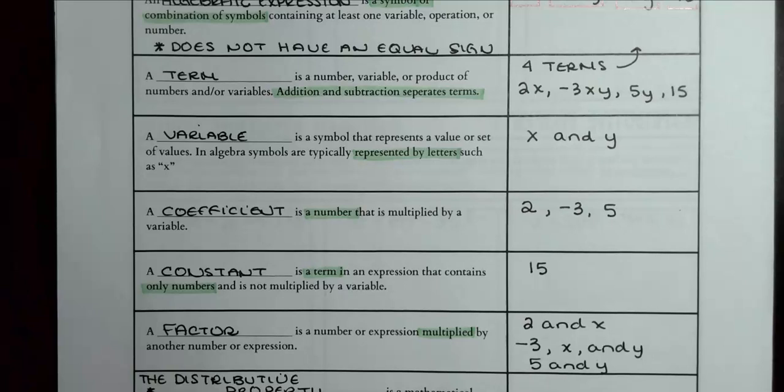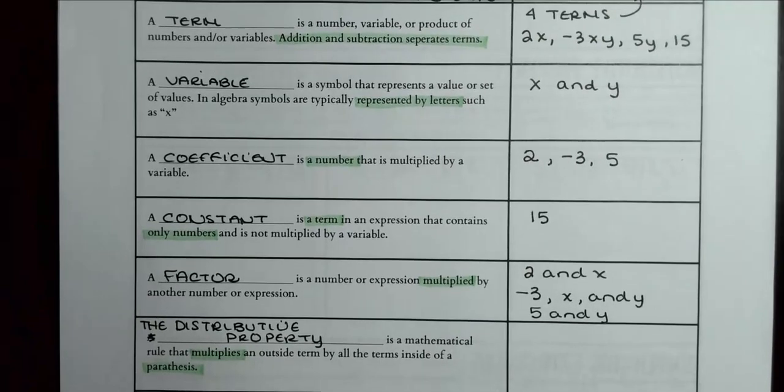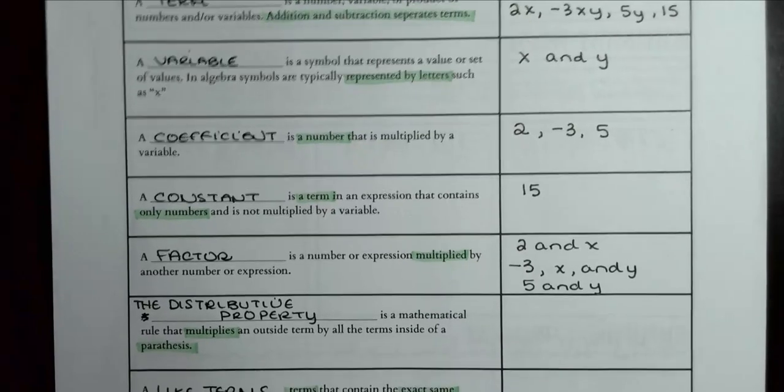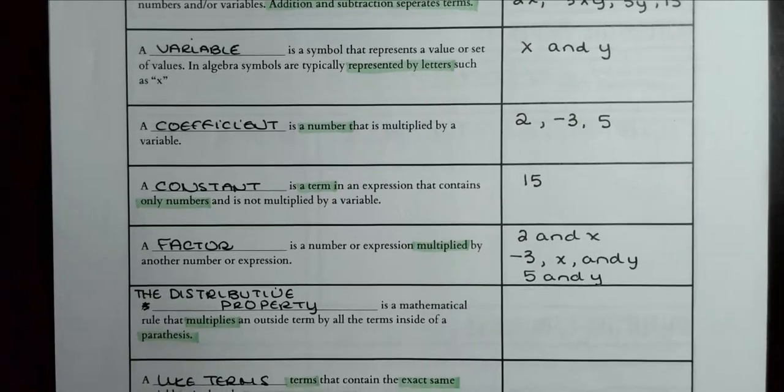Okay. All right, the distributive property, I actually had to make an adjustment here because it has an A, and I told you to change it to the. The distributive property is a mathematical rule that multiplies an outside term by all the terms inside of a parentheses. So in order for the distributive property to take place, we have to have a set of parentheses.